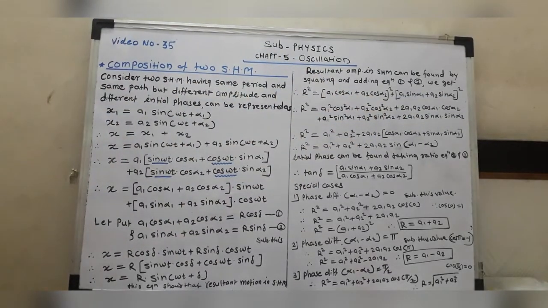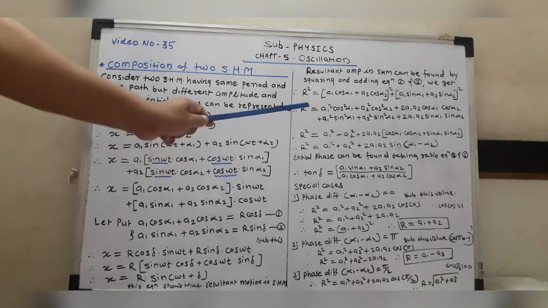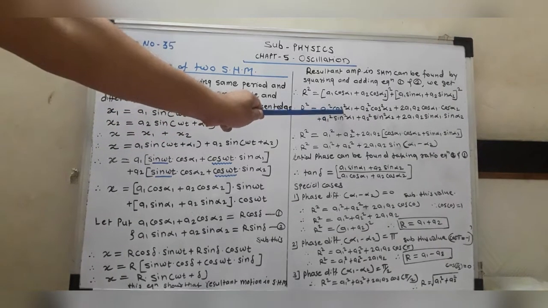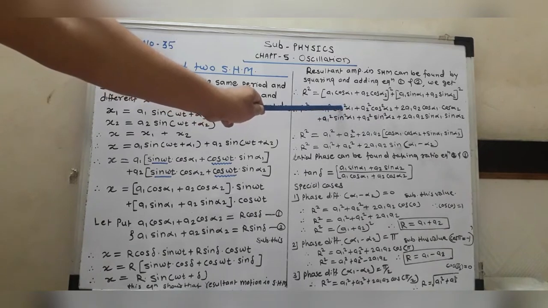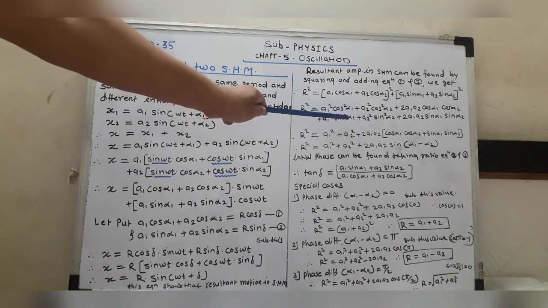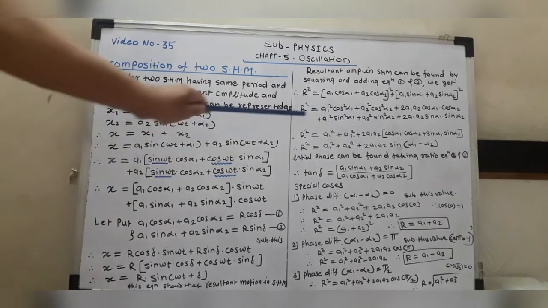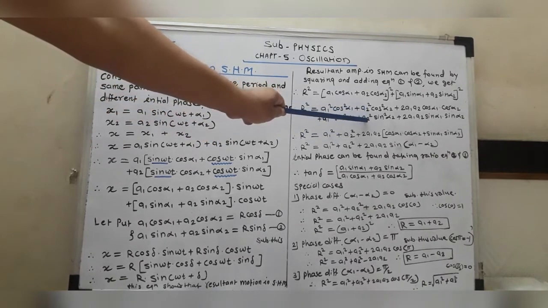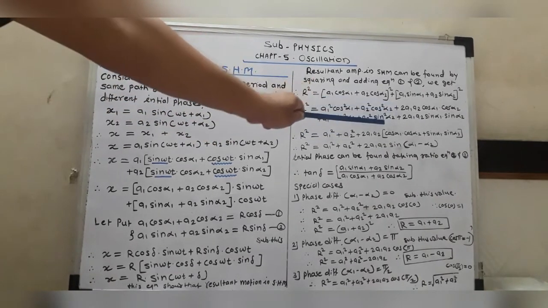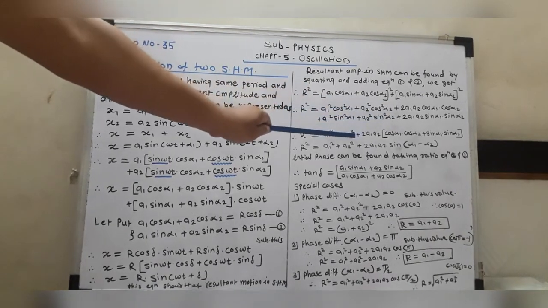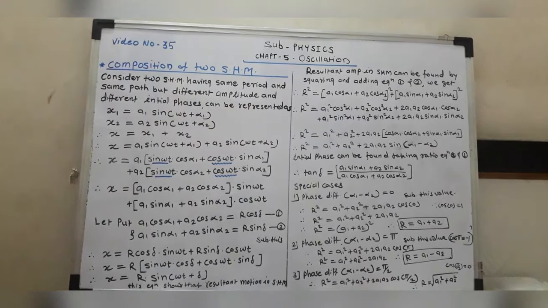Okay, then concentrate here. a1 square is common, and in the bracket you can write sin square alpha 1 plus cos square alpha 1, and we know this formula well, sin square theta plus cos square theta is equal to 1, therefore the remaining term is a1 square. Similarly, a2 square is common, in the bracket cos square alpha 2 plus sin square alpha 2, the value of this is equal to 1, and the remaining term is simply a2 square.